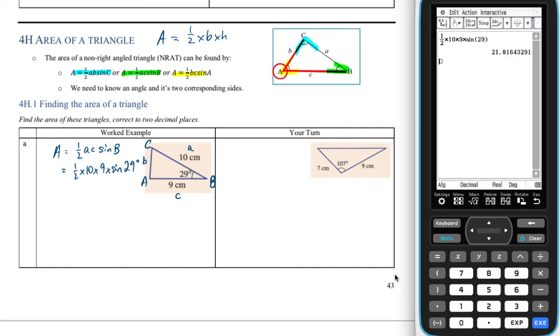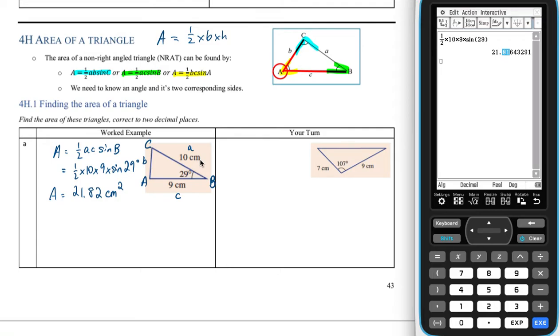Enter. And we've got the area is 21 point, and this says 2 decimal places, so go to the third decimal place. It's a 6, so that'll round up our 81 to become 82. And then our units are centimeters, and since this is the area, centimeters squared. And there we go. We've used our formula to find the area of a triangle.